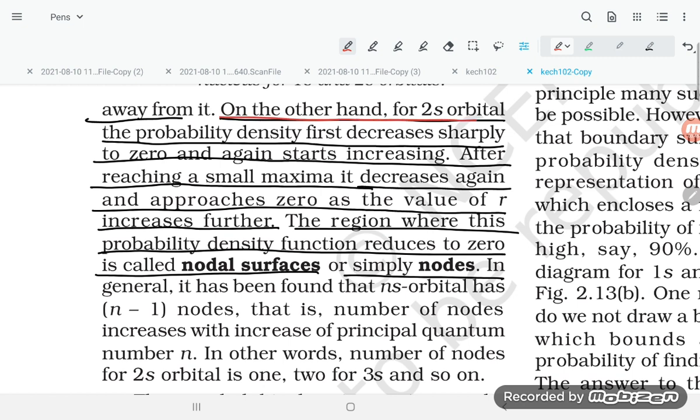They are saying that for the 2s orbital, the probability density first decreases sharply to 0 and again starts increasing after reaching a small maxima. It decreases again and approaches 0 as the value of r increases further. The region where the probability density reduces to 0 is called the nodal surface or simply nodes.